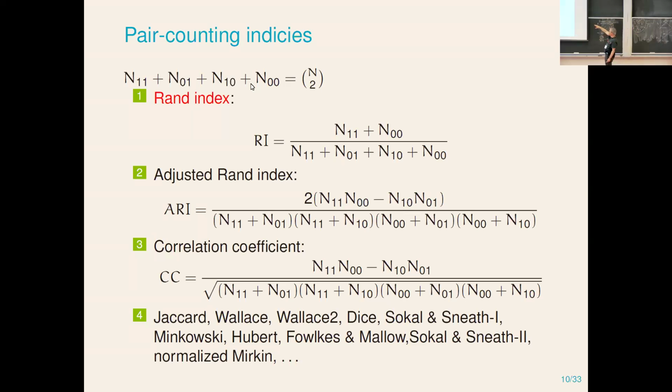Adjusted indices are defined from some original measure, and then you subtract, you want to remove the randomness, because if you pick two clusterings at random, they will exhibit some similarity. They will not be completely different.